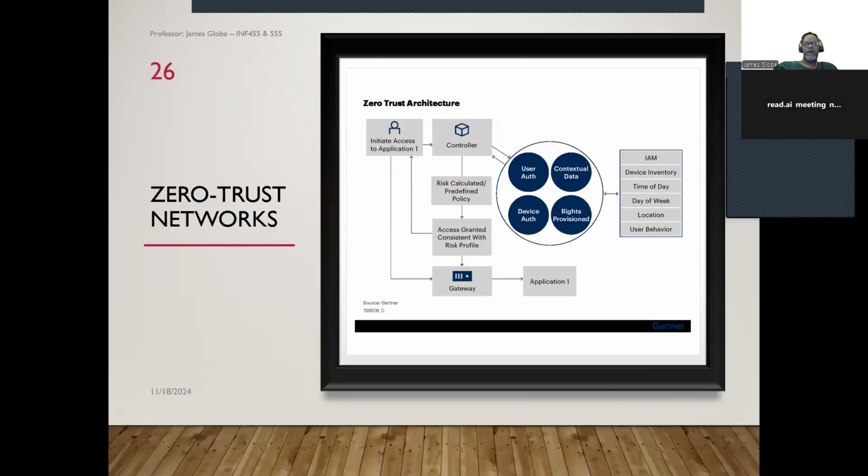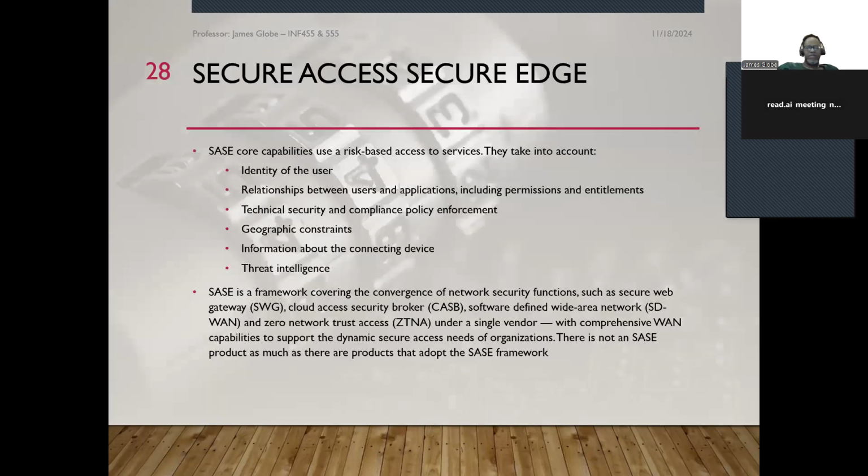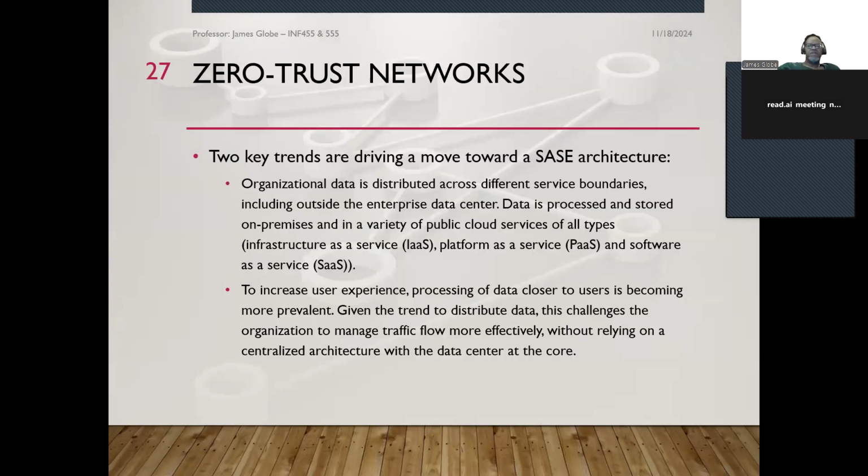Again, another infographic that talks about zero trust. So two key trends in driving towards a secure access, secure edge architecture is organizational data is distributed across different service boundaries.